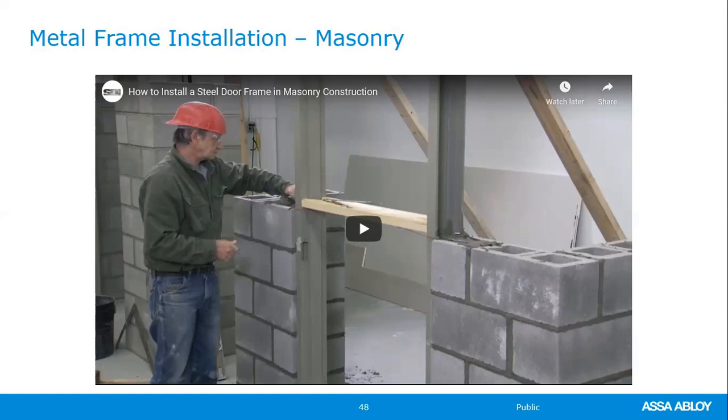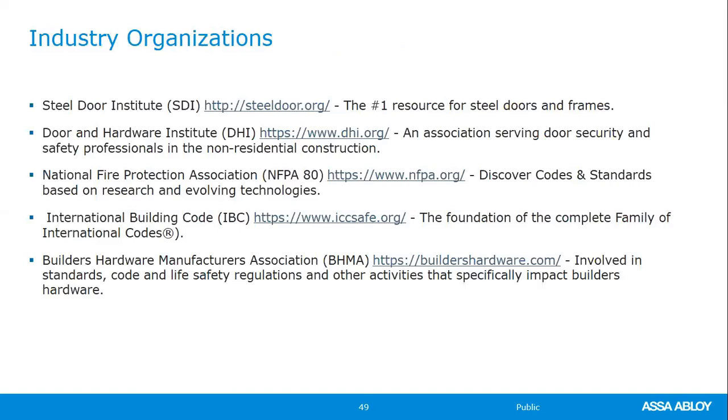It also covers interior applications where you have a drywall type of frame. It walks you through all of those types of videos. So if you have not gone to the website, please go there. There's a lot of good information there for you. I apologize because, like I said, I tried that video earlier and it was not working correctly.